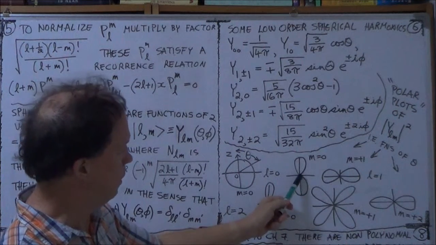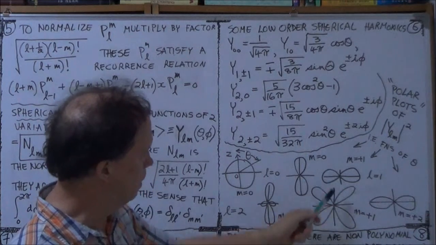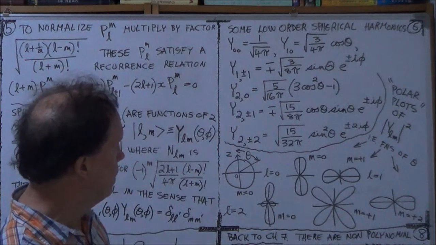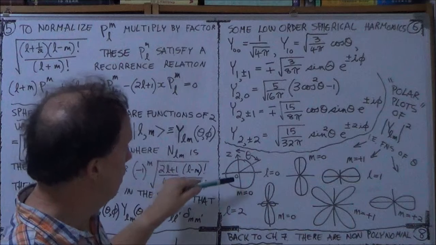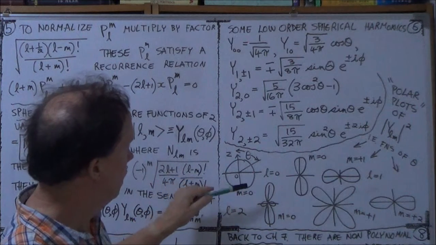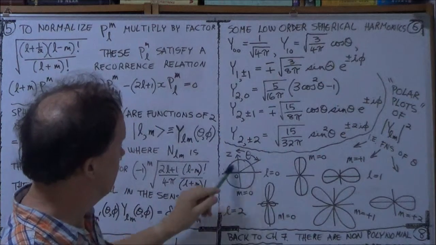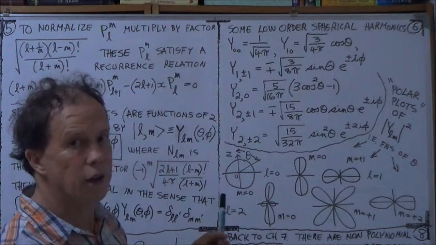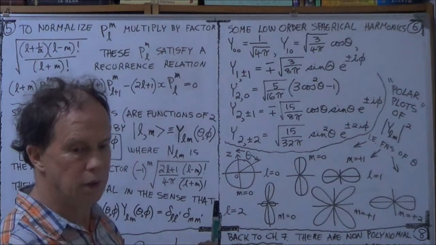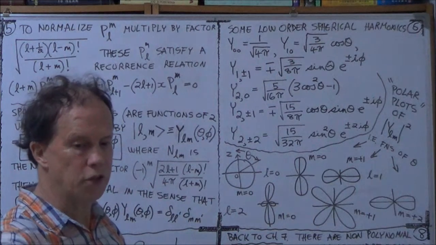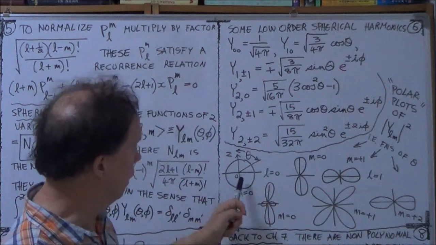So presumably here's the nucleus at the center here. For L is 0, it's just this simple expression, so you just get a spherical symmetry. So the electron's probability distribution is spherically symmetric.